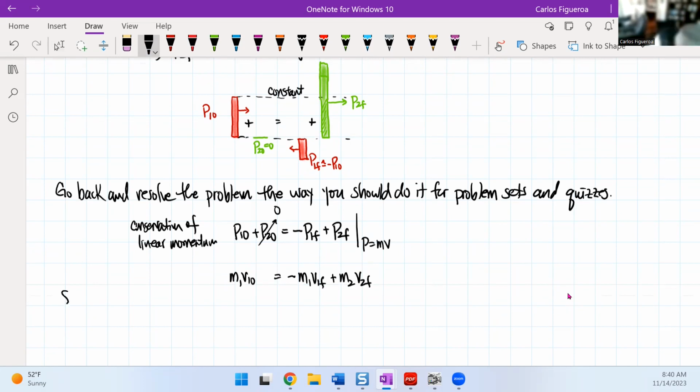So now, solving for v2 final, like it's asking, I've got to take the momentum p1 final to the other side. So then I'm going to get m1 v1 initial plus m1 v1 final. Then on the right side, I'm going to get m2 v2 final.